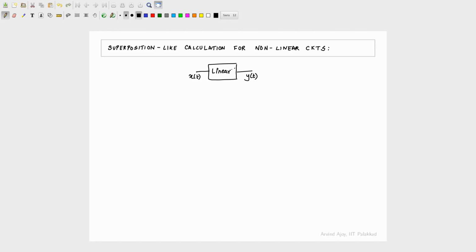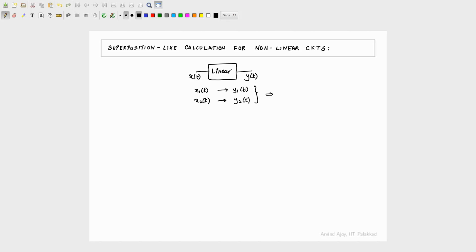We mentioned that in an LTI system, for example, if our input is x of t and output is y of t, actually this need not be LTI, just linear is enough, I think. Again, we have to think about whether you really need time invariance or not, but that's not the aim of this.